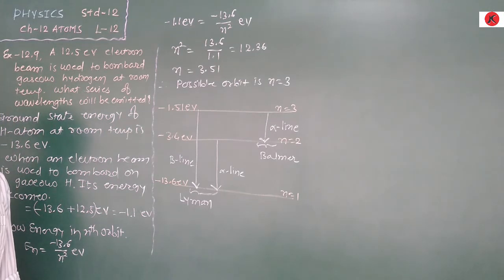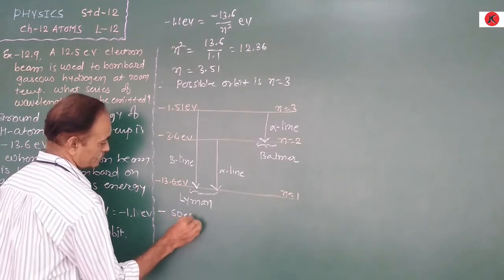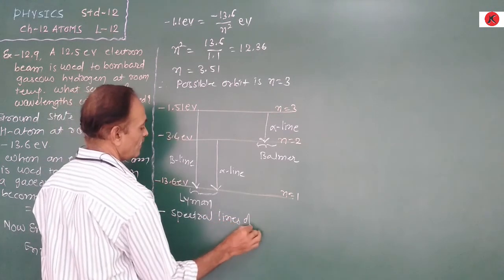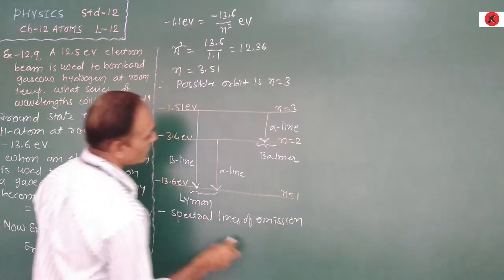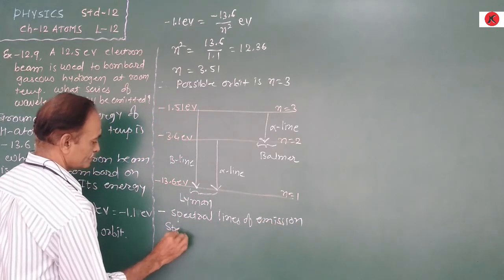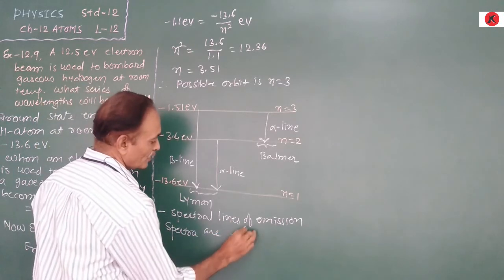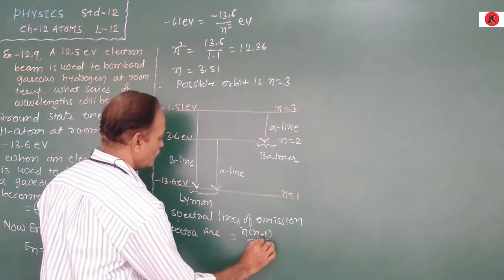Therefore, the spectral lines of emission spectra are given by n into n minus 1 by 2.